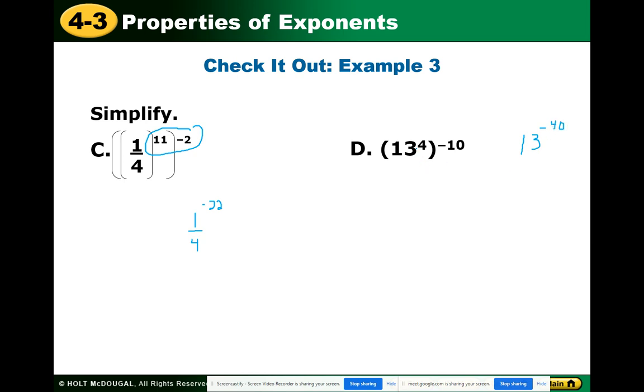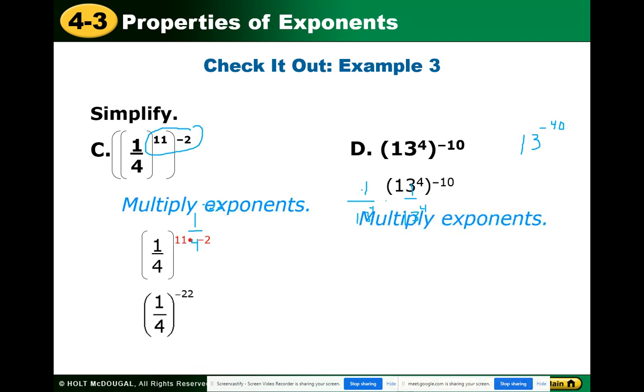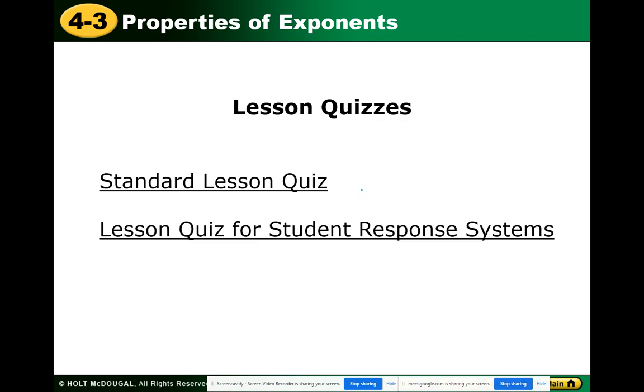Okay, because that's saying literally write out 13 to the fourth 10 times. Oh, but on the bottom of the fractions. So it'd be 13 to the fourth times 1 over 13 to the fourth, right? And I could do that 10 times and then I'd add those numbers, right? But I'm going to take Tori's word for it and see that she got the right answer. All right. Very good.